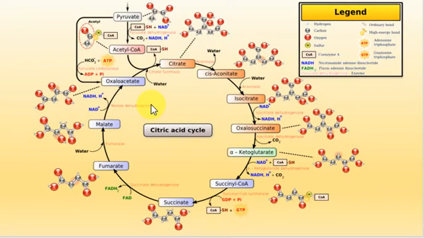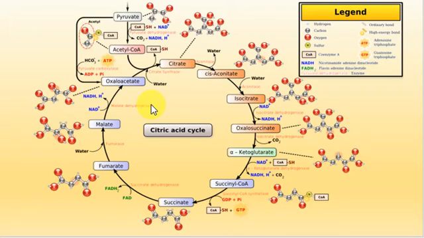In the fifth step, the cleavage of the thioester bond in succinyl coenzyme A is coupled with the phosphorylation of an ADP or a GDP. In the sixth step, the third oxidation step in the cycle, FAD removes two hydrogen atoms from succinate.